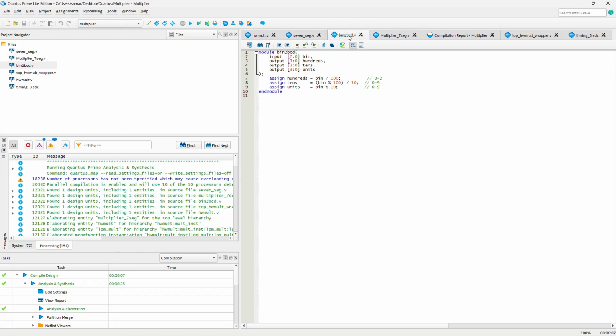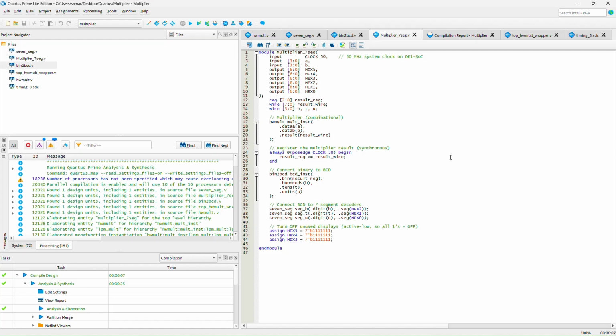Now, having had these two modules, we'll generate a new module where we'll call it all together. So here are the two inputs. I've also used the clock, and these are the six segments available on the board. Now I've used a reg and a wire to store the values, and this is for hundreds, tenths, and unit place to call in the BCD program.